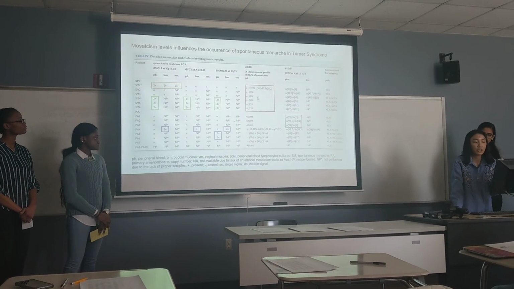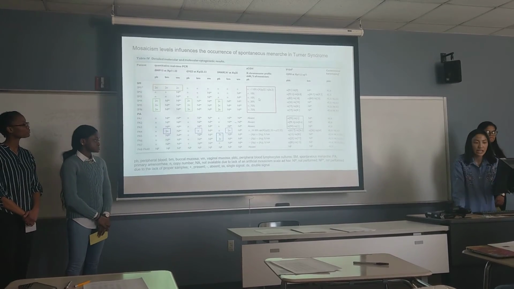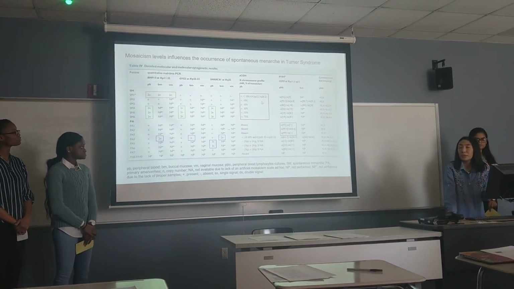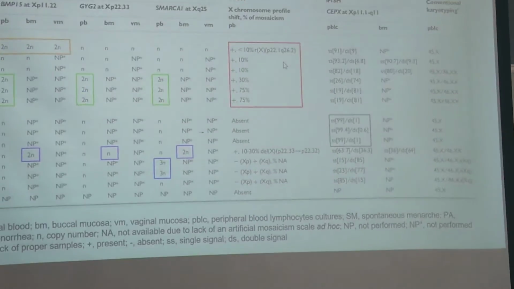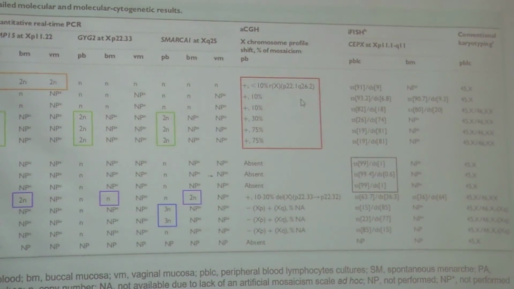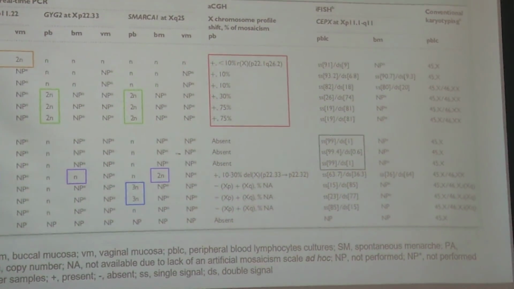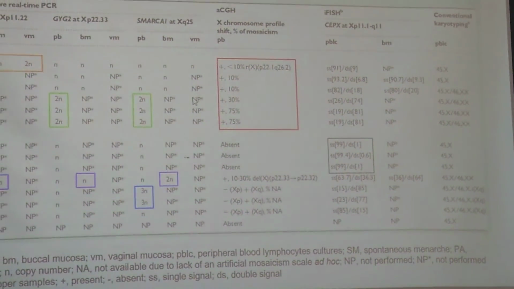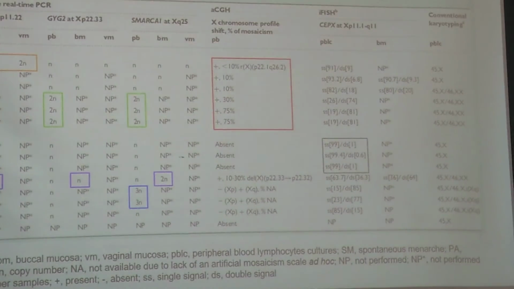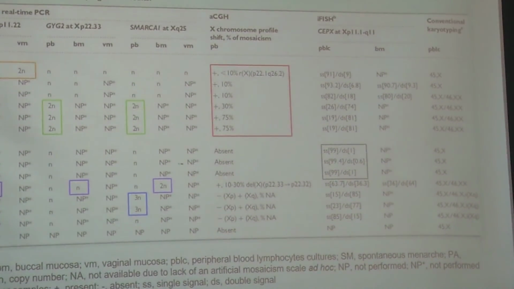So if you're going to compare it to patients with spontaneous menarche, the second X chromosome is there, but they have a mosaicism. So the higher the percentage is, the more normal you are, even though you have Turner syndrome.